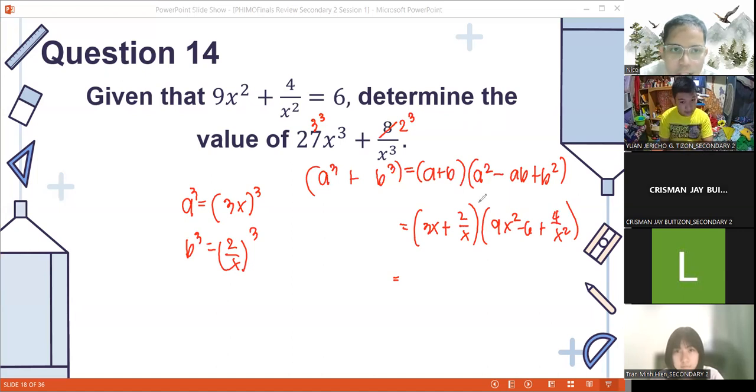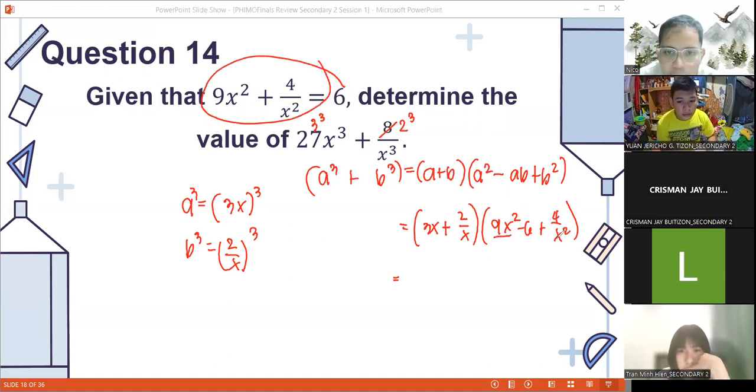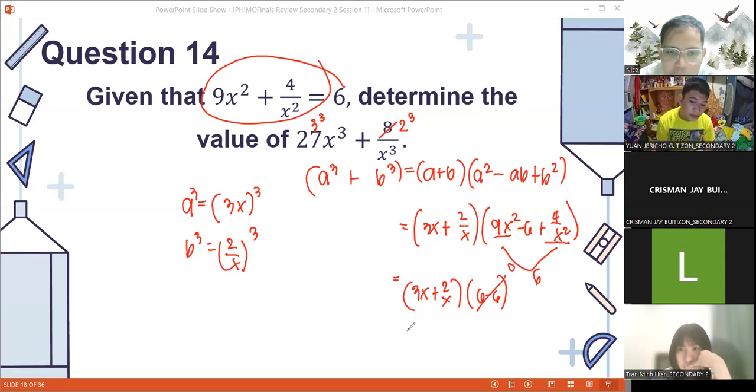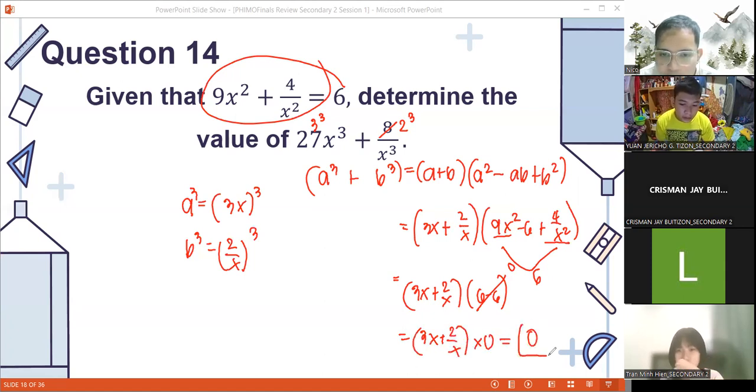So it's given that this is equal to 6. So this is 3x plus 2x equal to 6 minus 6, which is equal to 0. So any number you multiply by 0 is just equal to 0. So the answer here is 0.